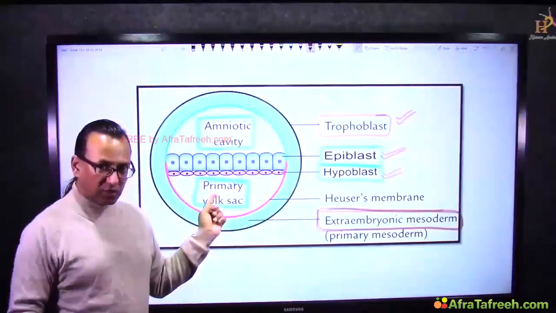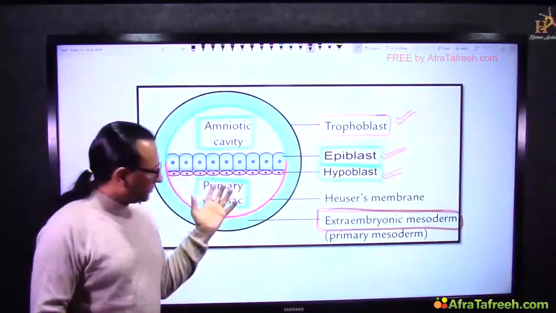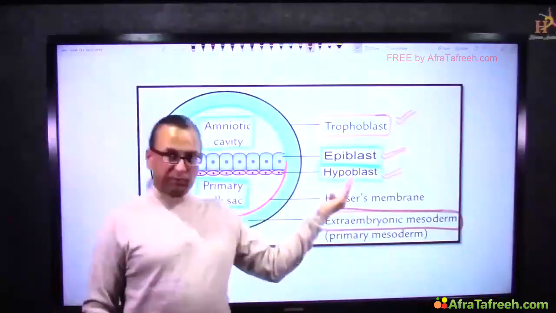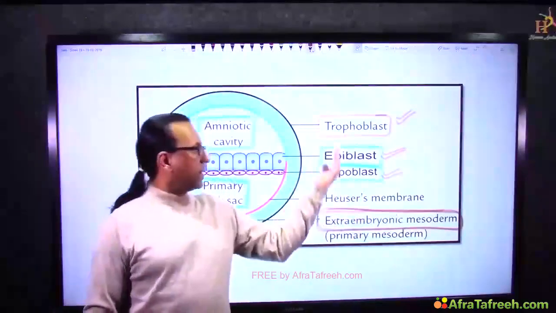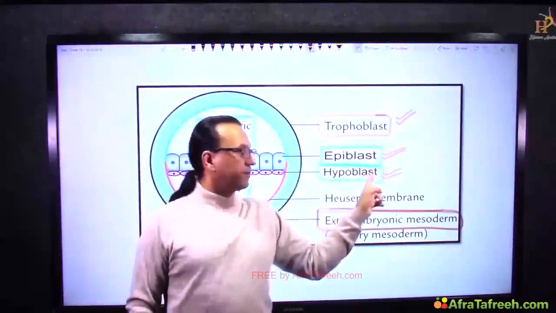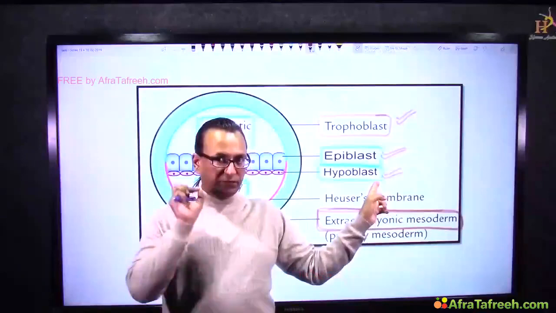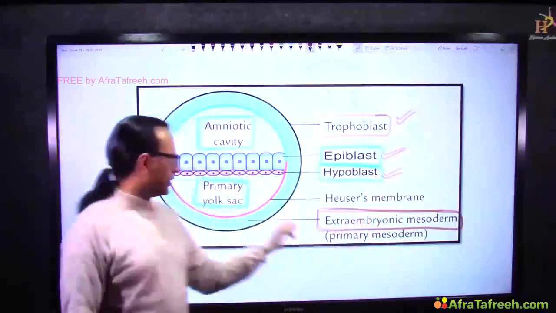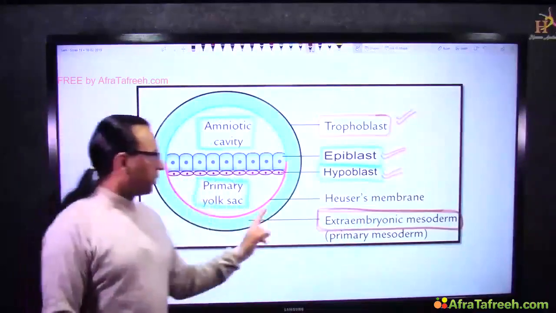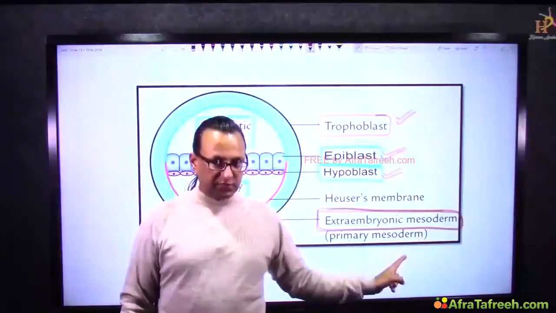And if it is not in the options, then you say extraembryonic mesoderm is coming from the hypoblast or epiblast or trophoblast. So any of the three could be the answer. But the very first answer you should take is primary yolk sac. So primary yolk sac is going to form extraembryonic mesoderm. Yes, that's what you remember.